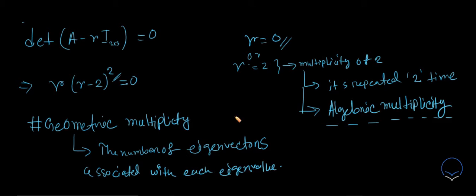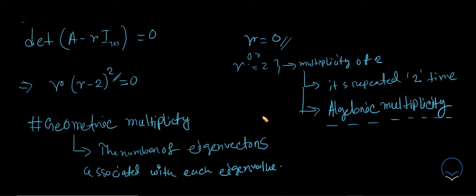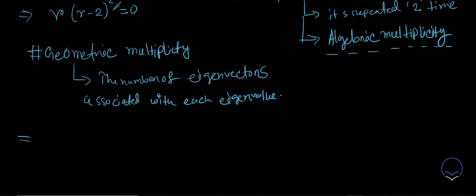This whole multiplicity business is something really deep, but we will merely scratch the surface in our lectures. So let's keep these two basic definitions in our head and let's do the math. If you compute the eigenvalue, you can see that there is an eigenvalue of r equals 0.